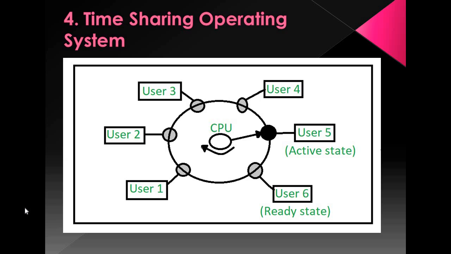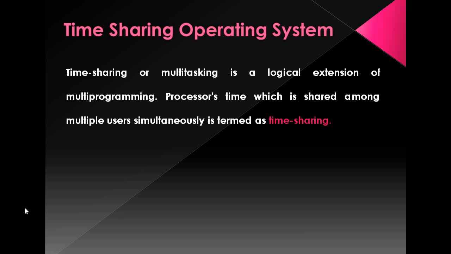So it is similarly like cutting a round cake into equal slices for all the friends. Time sharing or multitasking is a logical extension of multiprogramming. Processor's time, which is shared among multiple users simultaneously, is termed as time sharing.